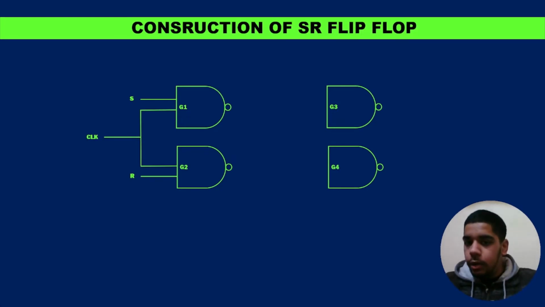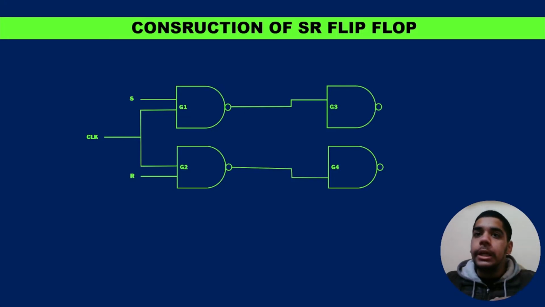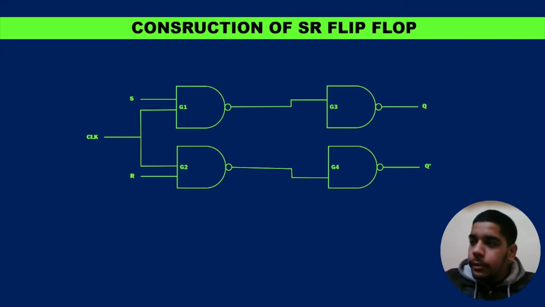Now we give the outputs of G1 and G2 as input to G3 and G4. The next step is to take the G3 and G4 outputs as Q and Q bar. I think this is simple and you understand it.